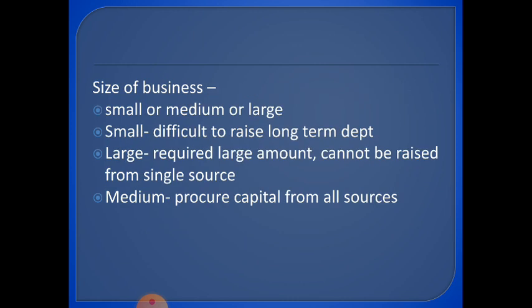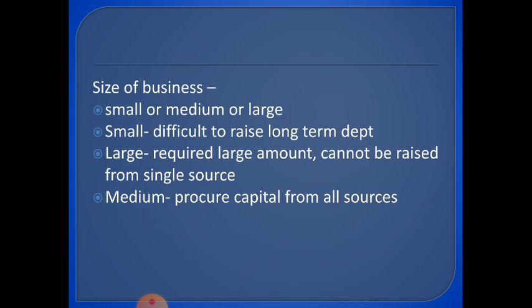Then the next one is the size of business. By size, business can be classified into three: small business, medium business, and large business. In small business, it is difficult to raise long-term debt. They opt for share capital or retained earnings for the operation of the company.